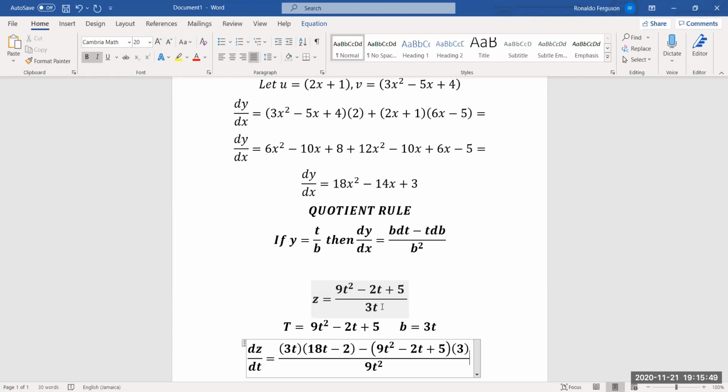Would it be 16x to the 9th power, or 16x to the 6th power? 16x to the 6th power. All right. Let me write it down somewhere here so you can see.